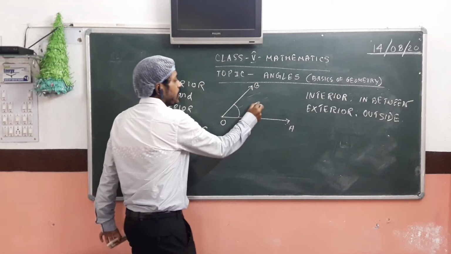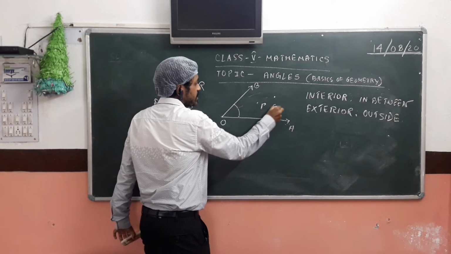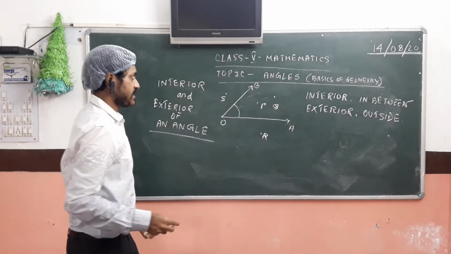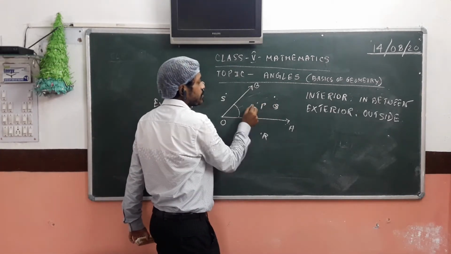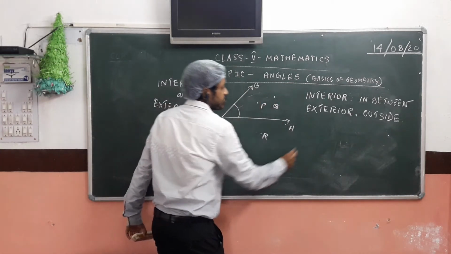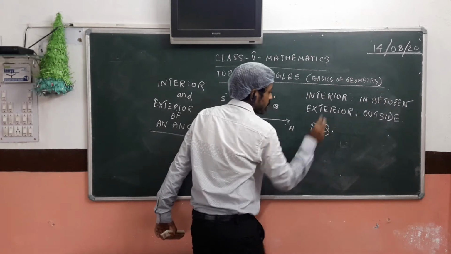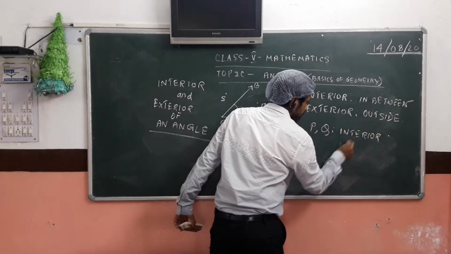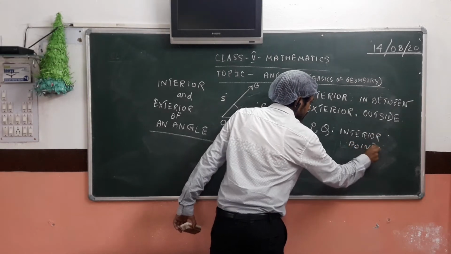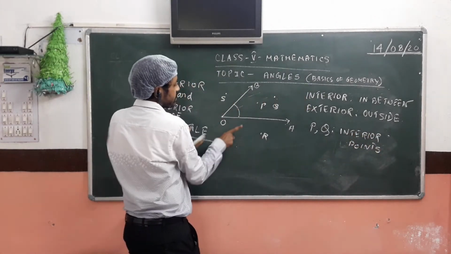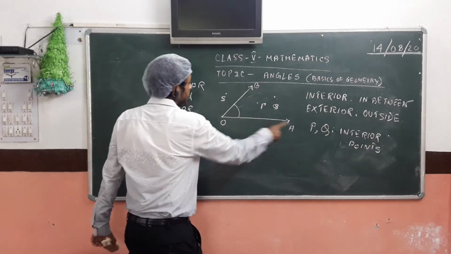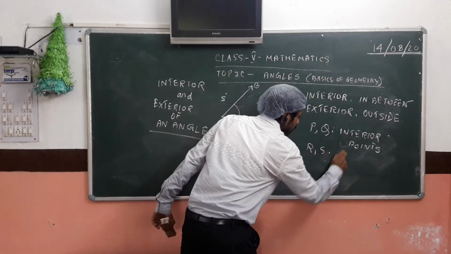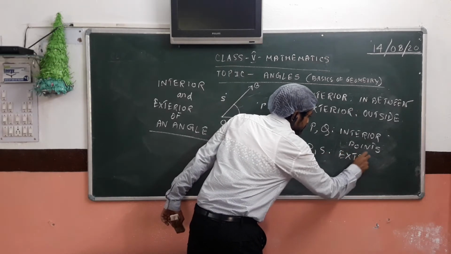For example, we consider points P and Q, and points R and S. Since P and Q are present within the rays, P and Q are called interior points. And since R and S are present outside the limit of these rays, R and S are called exterior points.